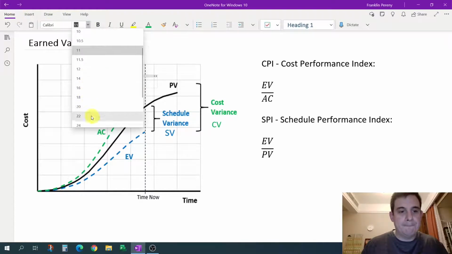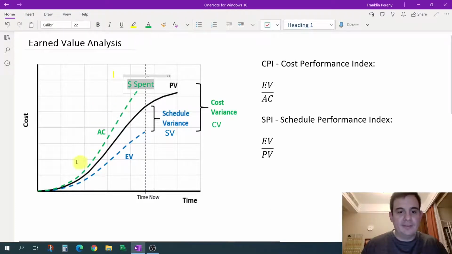Right? This is the dollars that you've spent on the project, real dollars. And the earned value line down here, you can think of this as work output, in terms of value dollars. So it's really work output.